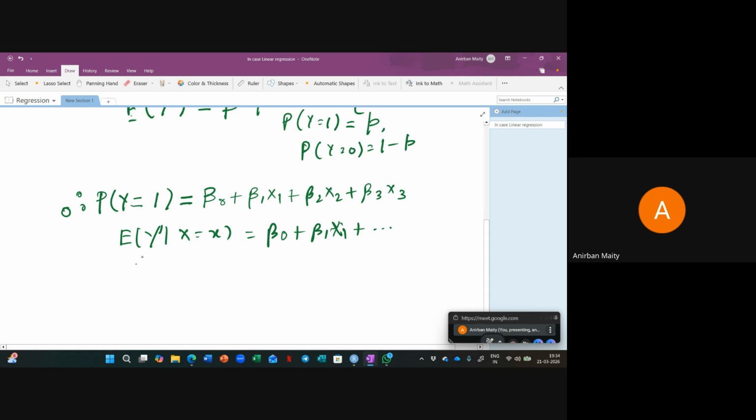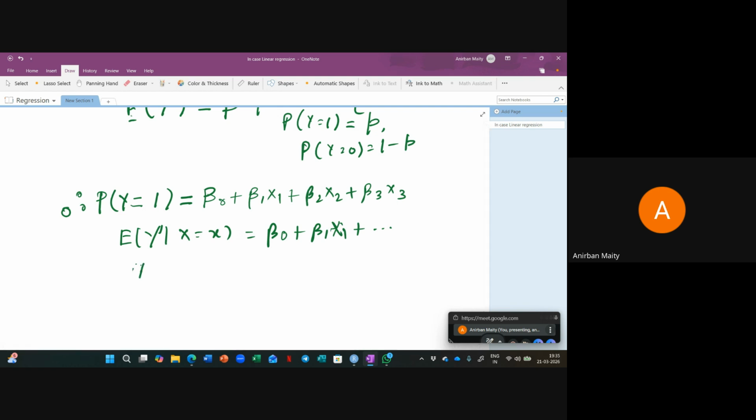Now, your average can be greater than 1, but probability cannot be greater than 1. So we have to introduce a function which will take the whole average as an input and give us an output between 0 and 1, and this function is known as the link function. Link function just converts your average into a probability value.